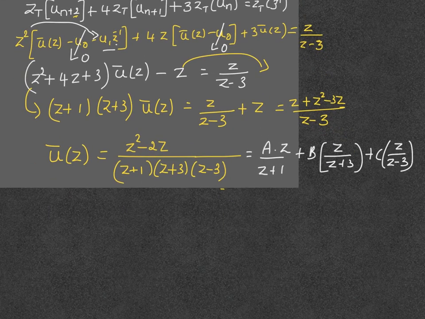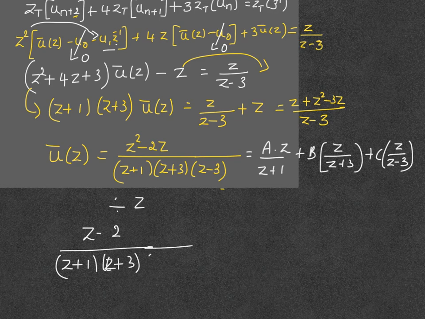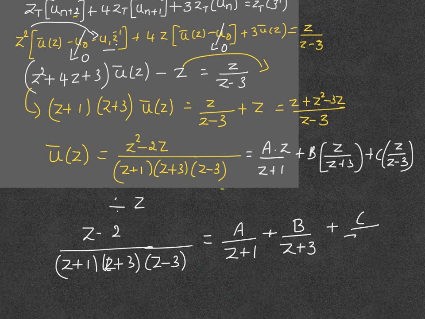Now we need to find the values. Before that, let us divide by z. We get here z minus 2 divided by z plus 1, z plus 3, z minus 3 is A by z plus 1, B by z plus 3, plus C by z minus 3.